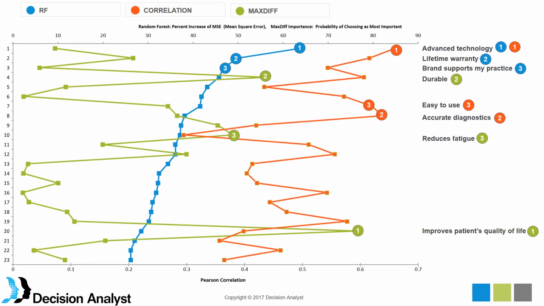At the same time, they can provide information about how well this device improves a patient's quality of life. That's also an important thing. Perhaps that's what they should lead with, and then bring in the brand support.